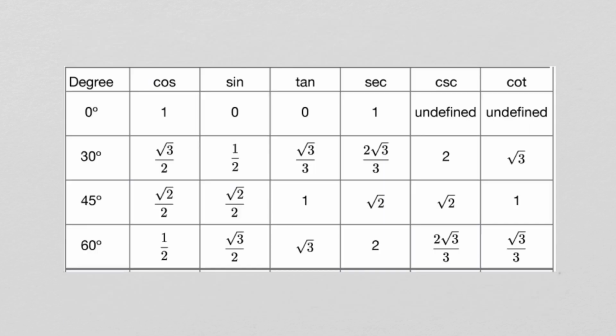So at 30 degrees, sine is 1/2, cosine is square root 3 over 2. At 45 degrees, cosine is square root 2 over 2, sine is square root 2 over 2. At 60 degrees, cosine is 1/2, and sine is square root 3 over 2.